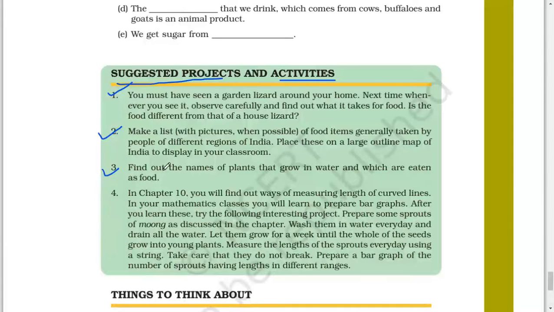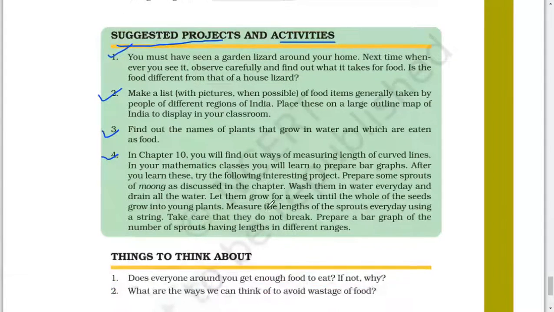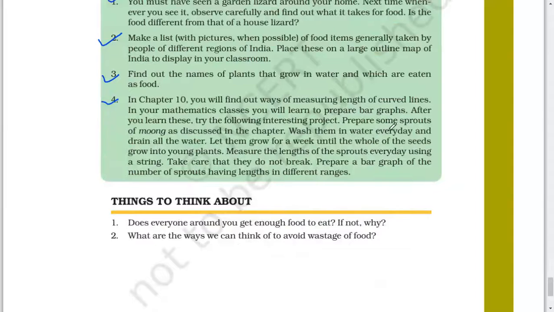3. Find out the names of plants that grow in water and which are eaten as food. 4. In Chapter 10, you will find out ways of measuring the length of curved lines. In your mathematics class, you will learn to prepare bar graphs. After you learn this, try the following interesting project.